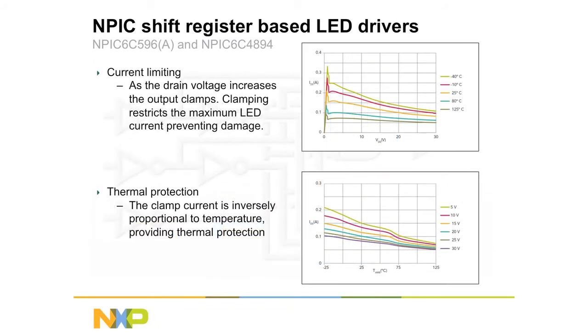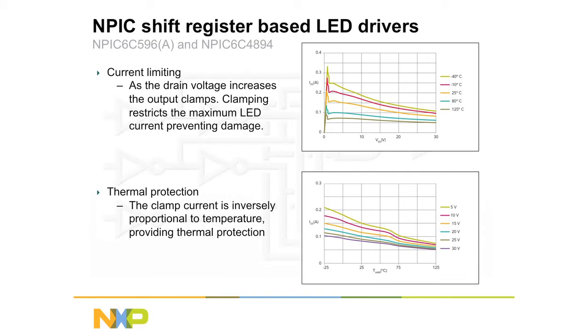The open drain outputs include current limiting circuitry, which limits the maximum current each output can sink. As the drain voltage increases, the drain source current decreases. This feature protects the outputs and the components they are driving. At 25 degrees C, the output clamp is typically activated when the drain source current is 250 milliamps.